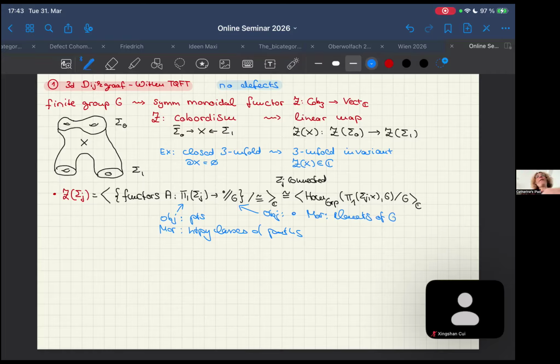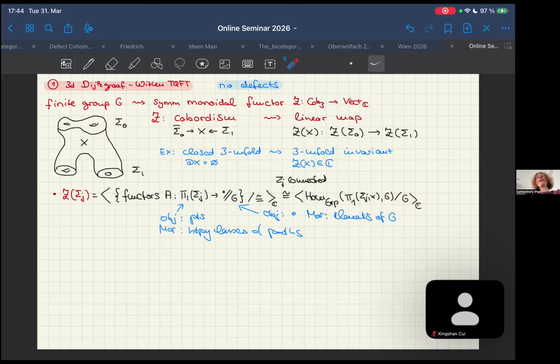So both sides are a groupoid, and we can see something like a gauge field as a functor between these groupoids. And then we take these gauge fields only up to isomorphisms, so gauge transformations on the boundary. And if the surface is connected, then we can just pick a base point, which is called X here, and then we can replace these functors by just group homomorphisms from the fundamental group of the surface into the group G. So these are the gauge fields, and the gauge transformations just become conjugation.